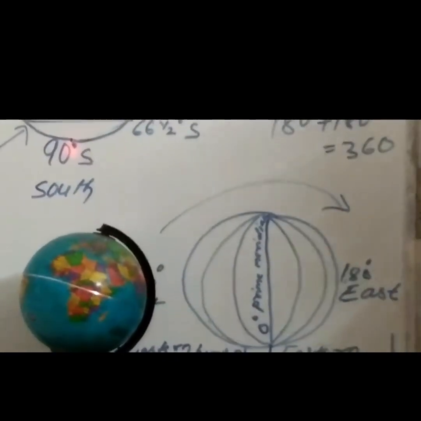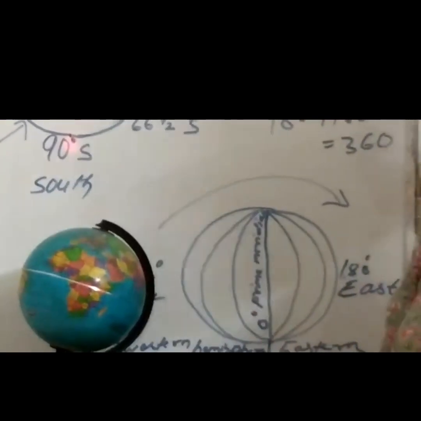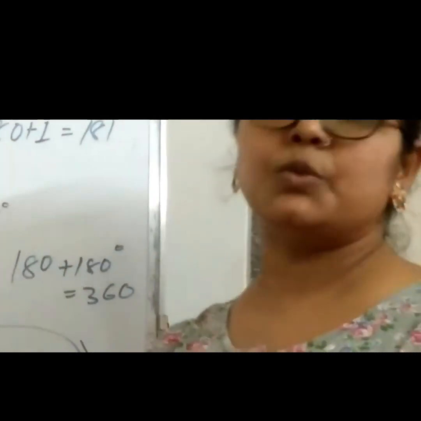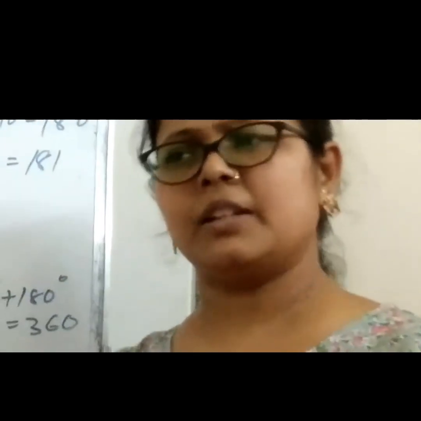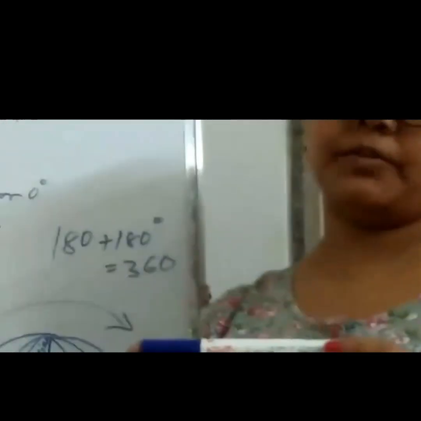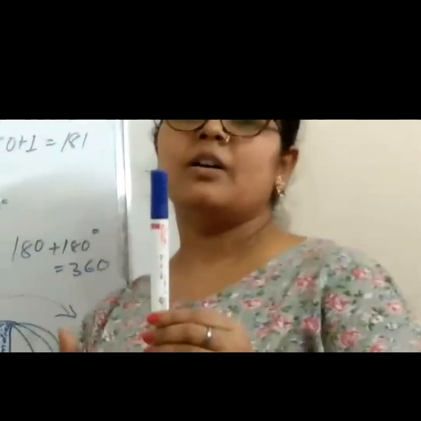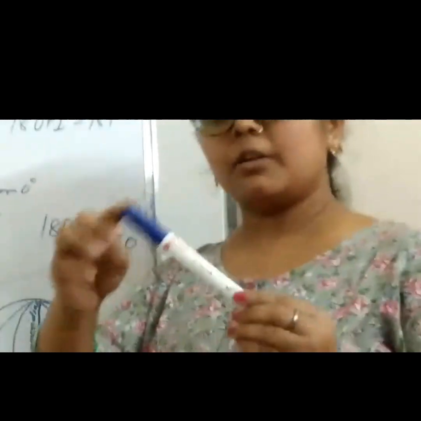How can we remember this for our whole life? Just remember this. When we talk about latitude, that is the horizontal line. And when we talk about longitude, that means the vertical line.